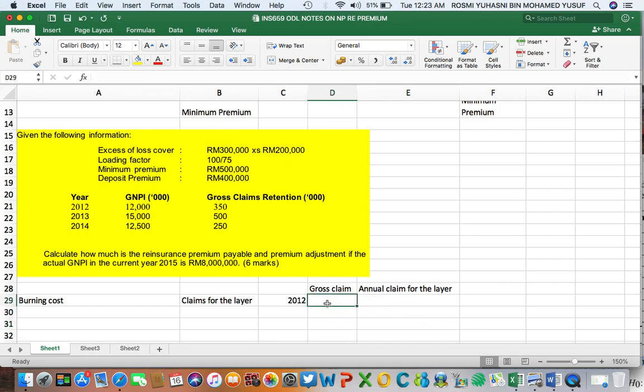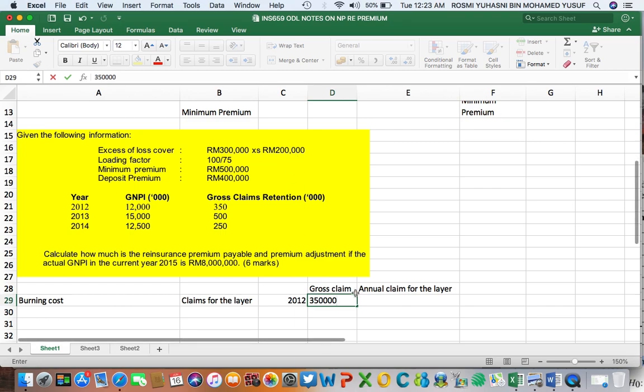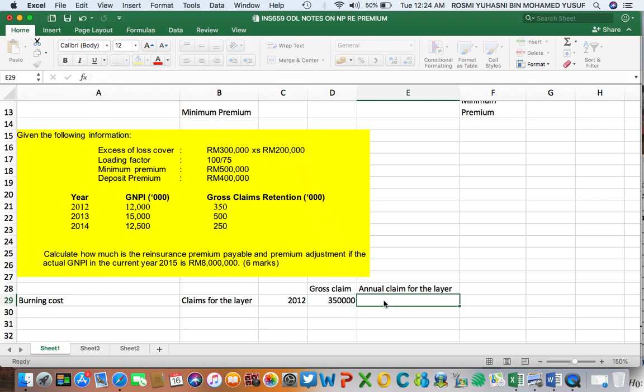For year 2012, the gross claim is 350,000. How do you know the annual claim for the layer for 2012? You just look at the cover. The deductible is 200,000, so the insurer will retain the first 200,000 and the balance is paid by the reinsurer. So the annual claim for the layer for 2012 is 150,000.